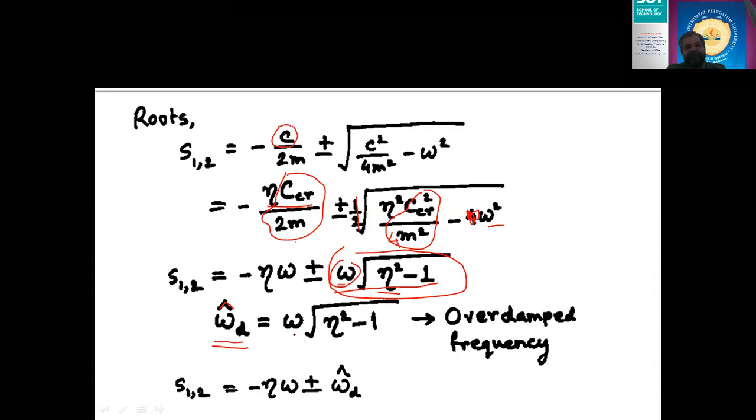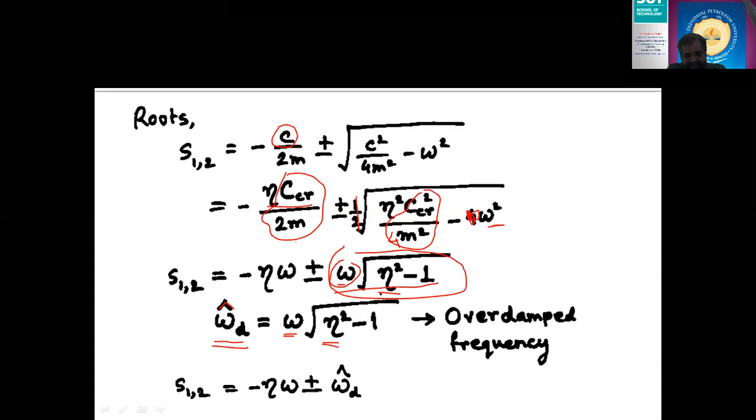So in your free vibration, whatever circular frequency was there is being changed with the addition of the damping ratio. Since you are changing the value of damping, this value will come into consideration. So this value will be called the overdamped frequency.